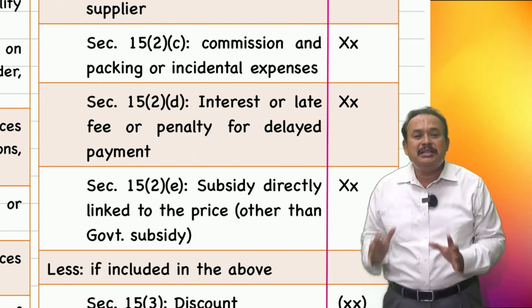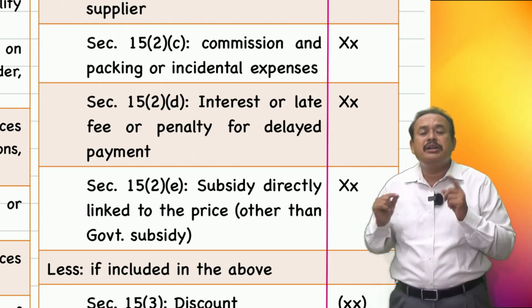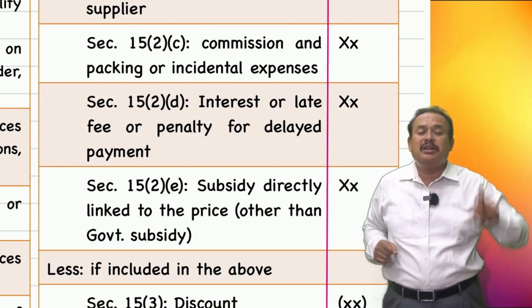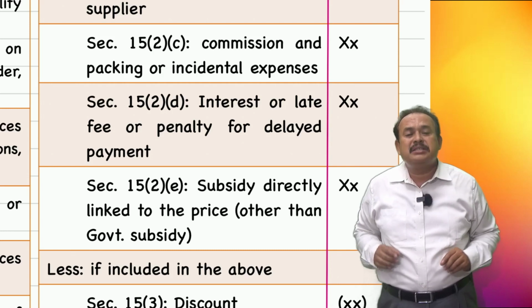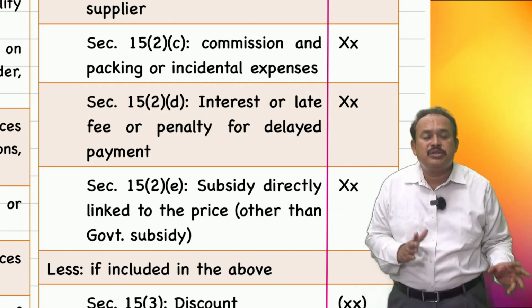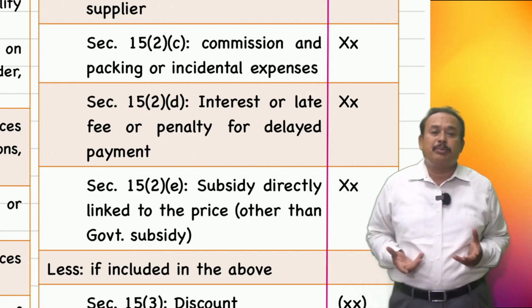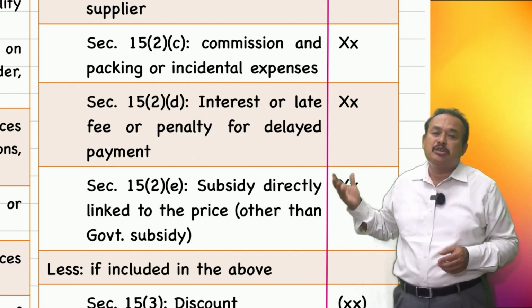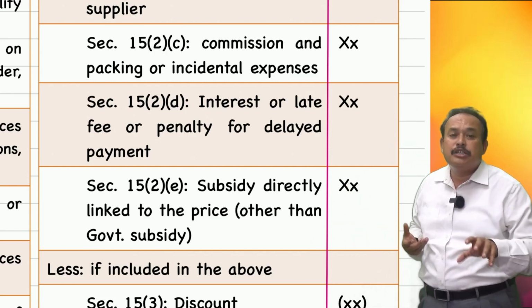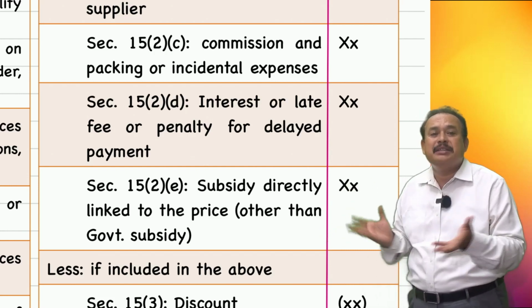If the washing machine cost is rupees 35,000, and loading, unloading, packing, transportation, insurance, delivery charges and the door delivery to the customer is rupees 5,000, then 35,000 cost of the product plus 5,000 is all the expenditure. Totally 40,000 is my value of supply. That means the packing cost, material cost, incidental cost, ancillary expenditure in relation to the supply of goods and services should be added. If not added, that is the meaning of it.